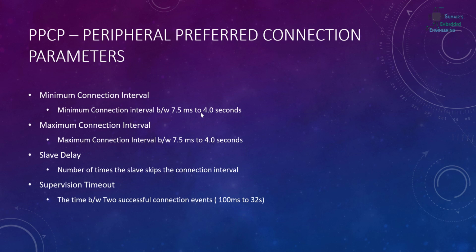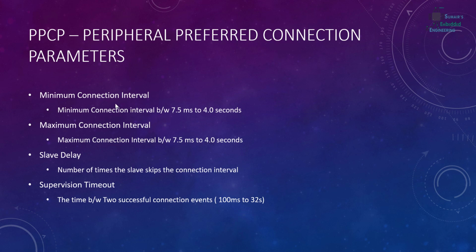There is a special event which is called a connection interval, and in this event the master device will send this event to the slave device, and the slave device will respond back saying that I'm still here. So basically after we set this time, our connection is maintained with the slave device.